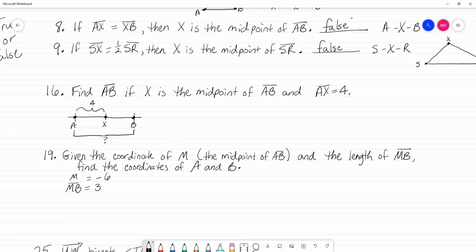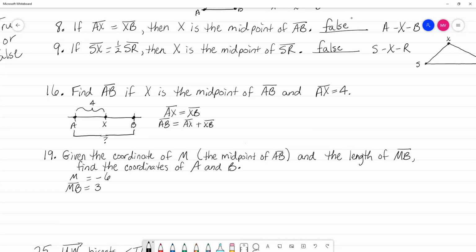All right, a couple of things that a midpoint tells us. First off, a midpoint tells us that X is between A and B, but that's not really what we need right now. What we need is to know that line segment AX is equal to line segment XB. Also, the full line segment AB is equal to the length of AX plus the length of XB.